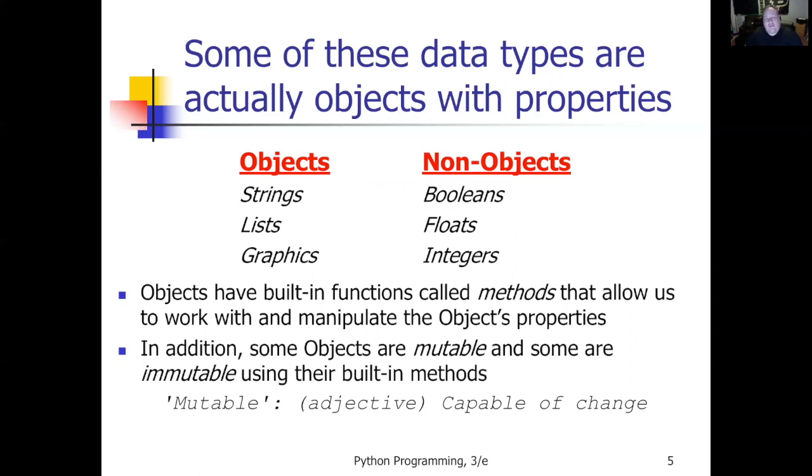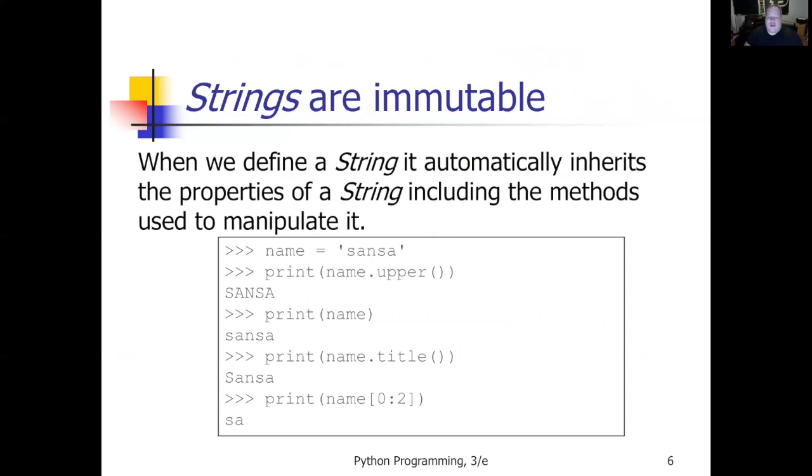So if I have a list and I assign list index 2 to equal something, I can change the list directly. If I use the list.sort method, it changes the list in alphabetical order. It actually modifies the data. Whereas with a string, that's not the case, right? If I have a string and I use string.lower, it doesn't change the string to lowercase. It gives me a separate copy of the string, all in lowercase.